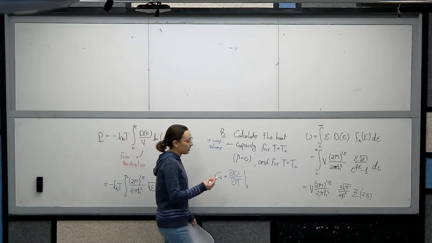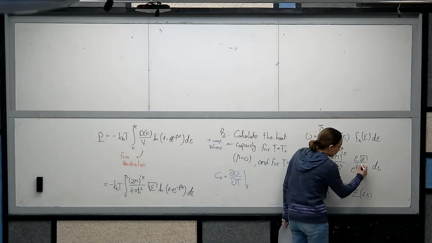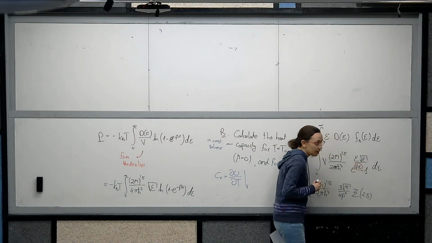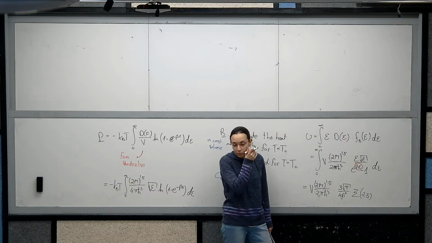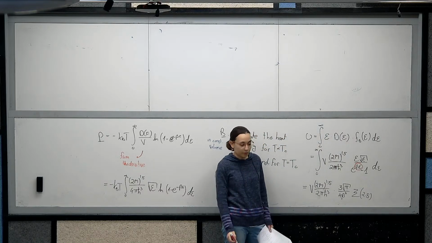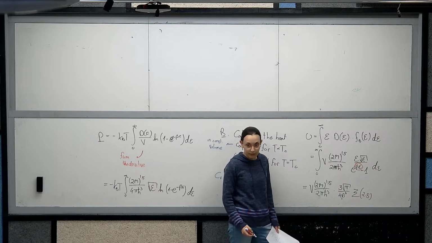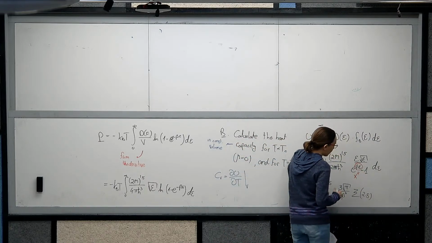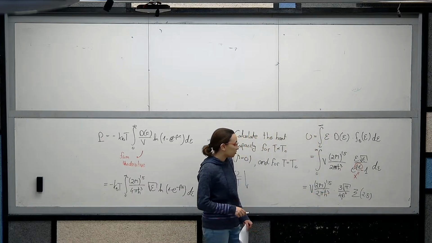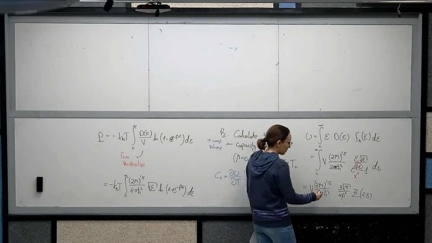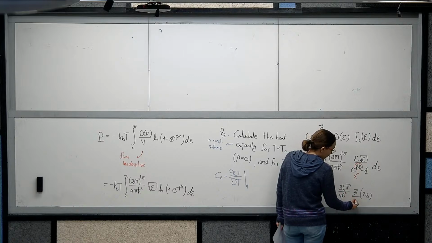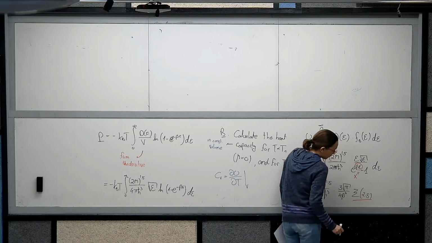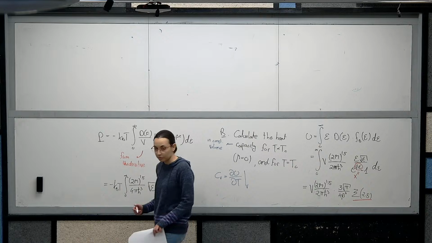We take this value to be x, so it will match the definition of the zeta function. So if this is x, we do a change of variables, get this constant out, and then we remain with the definition of the zeta function of 2.5.